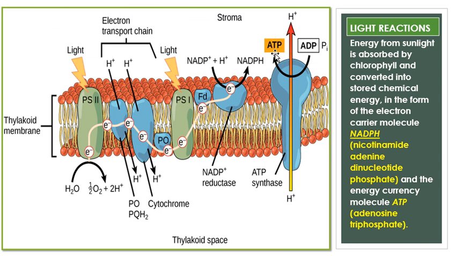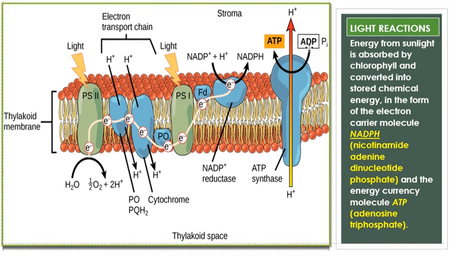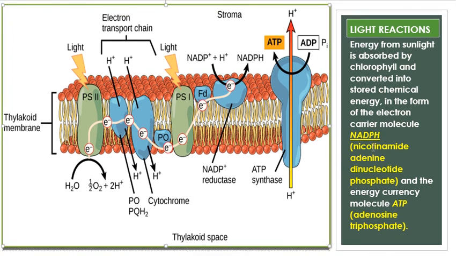So naa man tay mga ADP daan diri or adenosine diphosphate, kay duha ra iyahang phosphate. So mukuha siya og phosphate dere, so makabuhat dayon siya og ATP or adenosine triphosphate. So that is the process of light reaction.